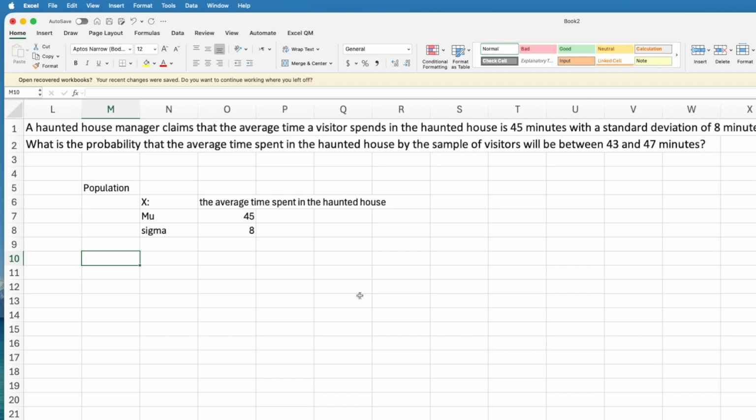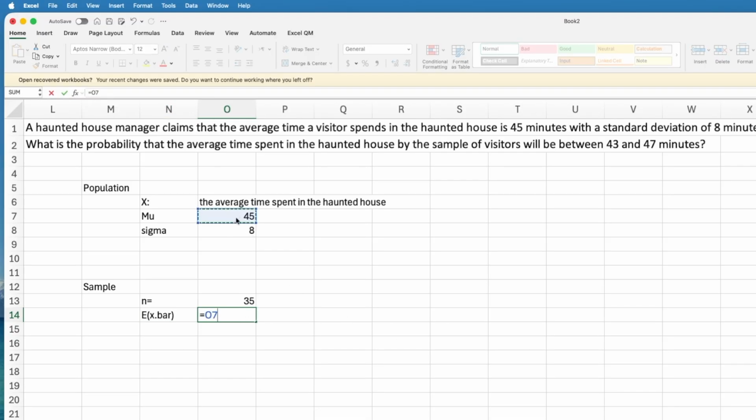So we take a sample of size 35. The average of the sample, or E of X bar, is equal to the mean of the population, and S of X bar is equal to sigma over square root of n, and n is 35.